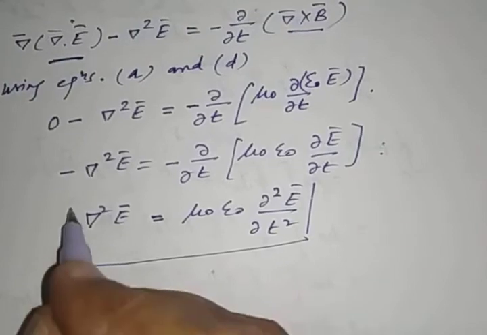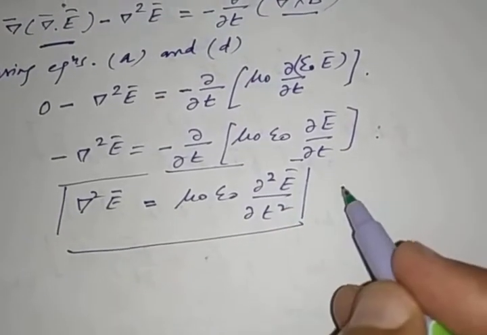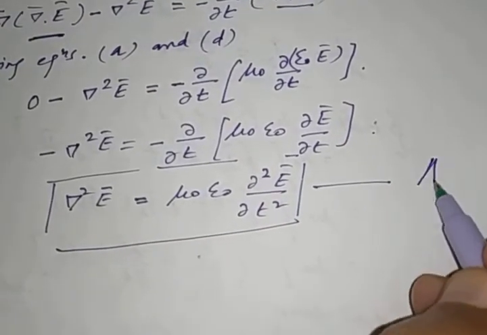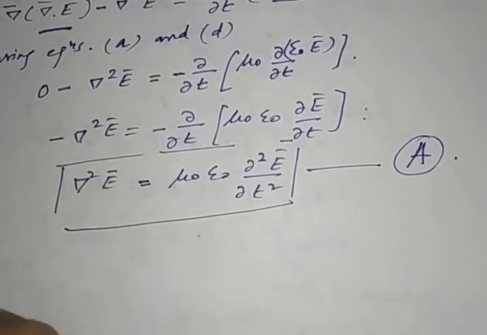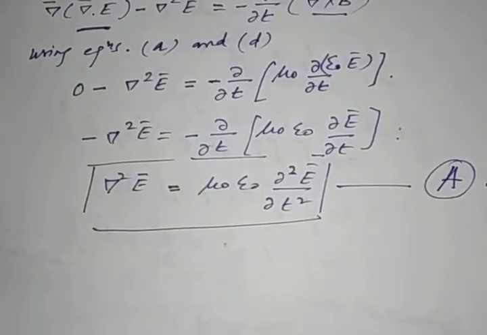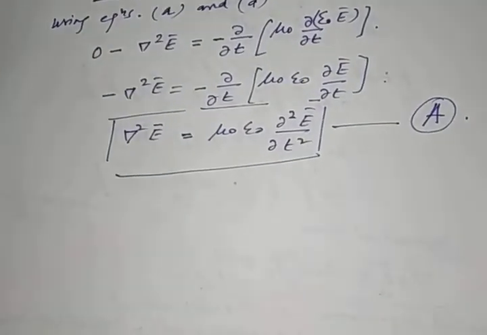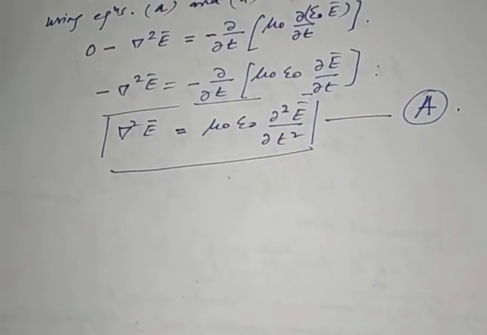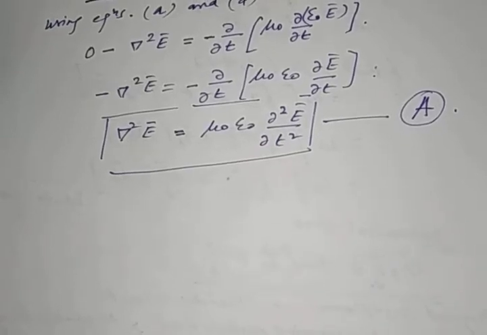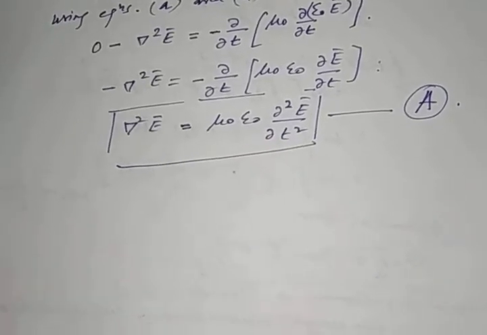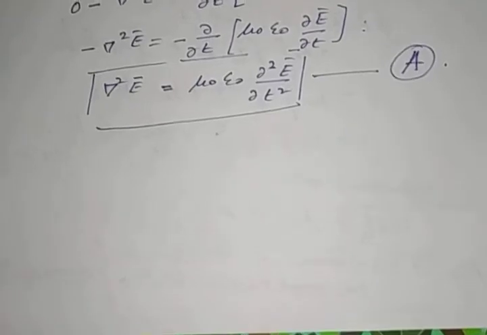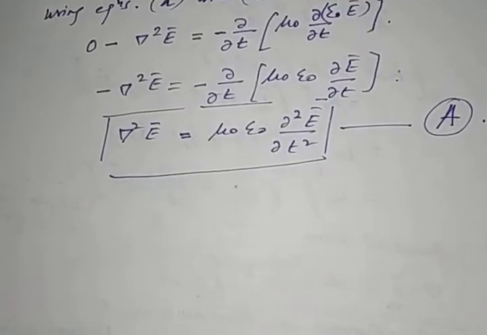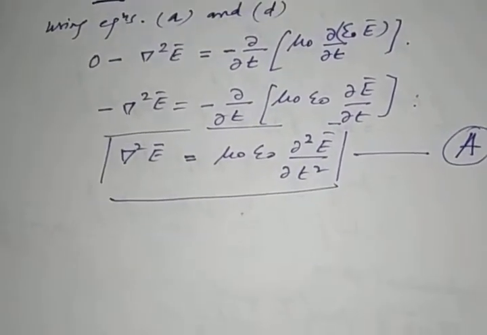So this is the first equation in terms of electric field we got, you can say equation A. When we compare this equation with the general wave equation, we can get the value of the velocity of electromagnetic wave. But again we have to solve it for magnetic field also.